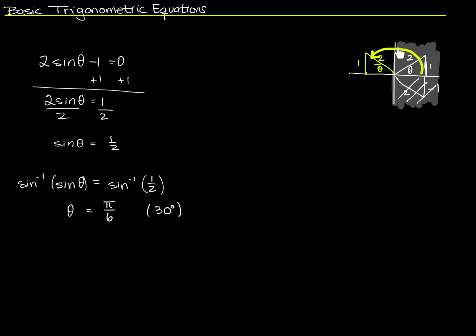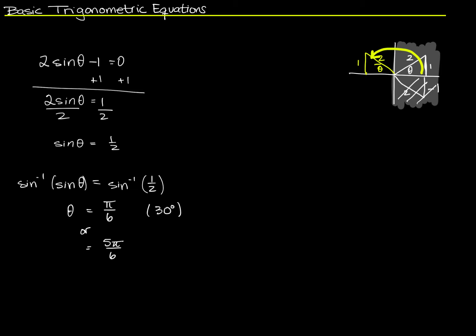But the size of this big angle is pi minus pi over 6, which is 5 pi over 6. So I actually have two solutions to my original equation. And in part, that's because I don't have to worry about it being a function. I'm just interested in where the sine of theta is 1/2.